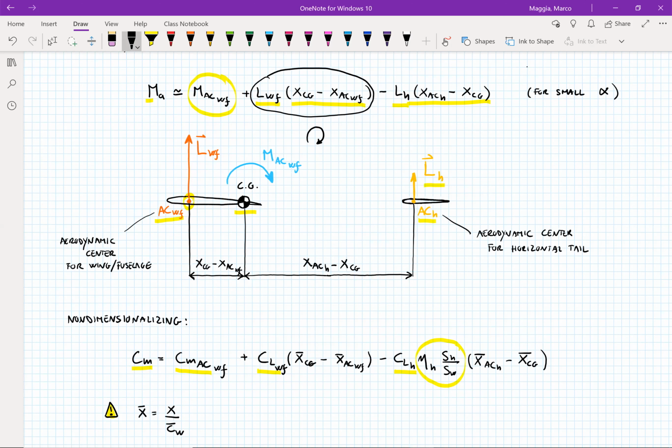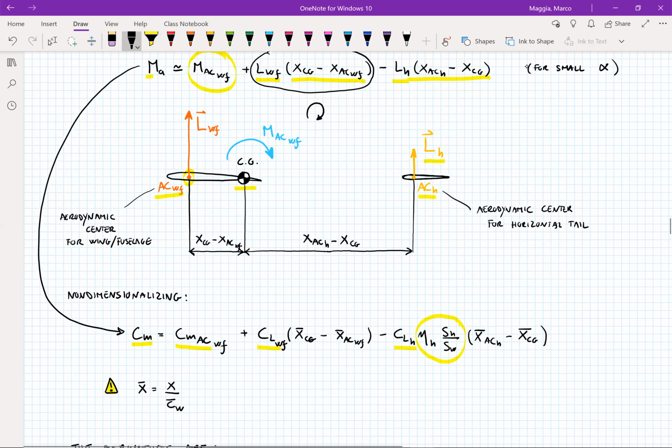Well, I don't want to go too much into details of how this is derived, but anyway, it's just non-dimensionalizing the equation for the pitching moment. Another thing, we also have to make the distances adimensional.